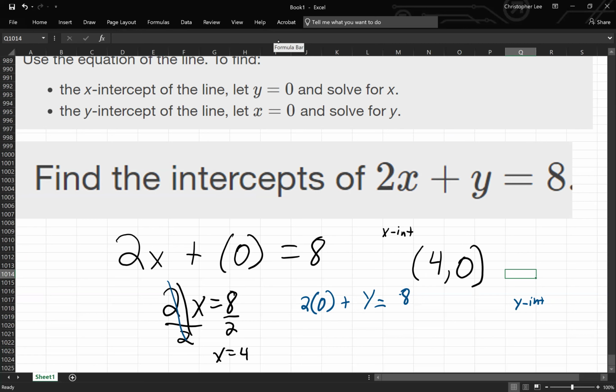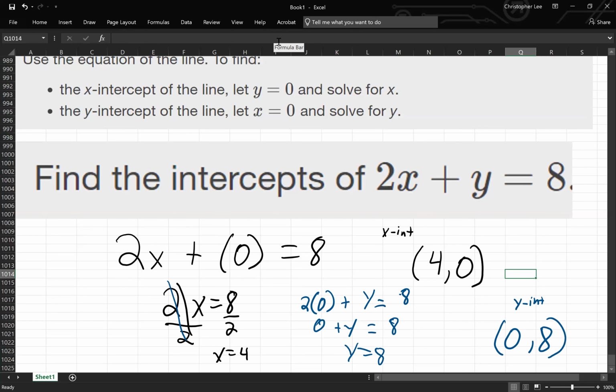Just plug in the zeros. So then this is going to become 0 plus y. So final answer, y is equal to 8. So what's my y-intercept? 0, comma 8. And that's it.